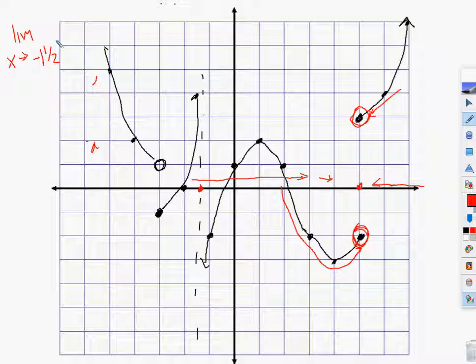Now, if I approach that from the negative side, so from this side, my function, let's see, is increasing because I'm going this way. And it seems to approach infinity.